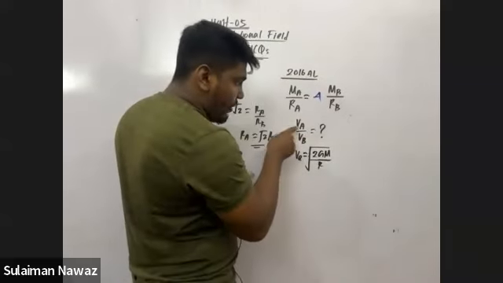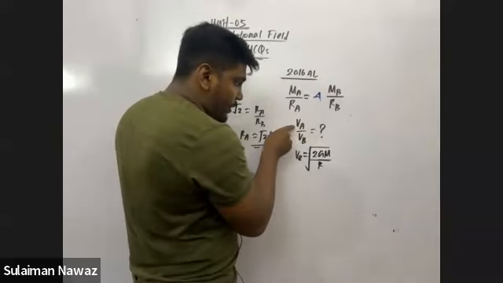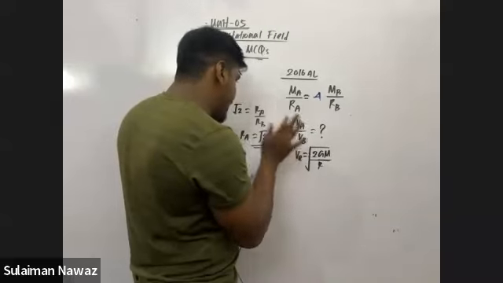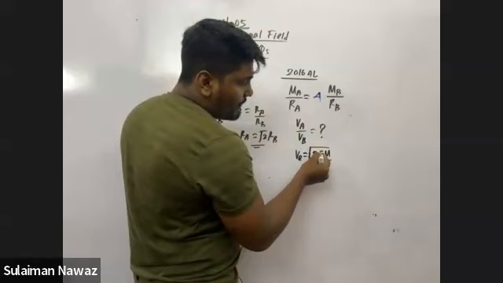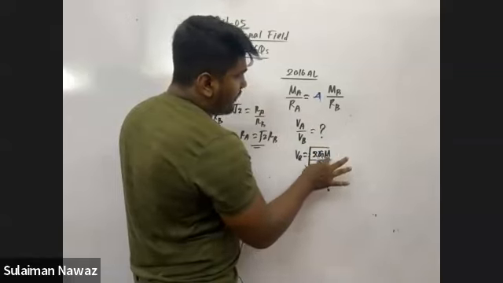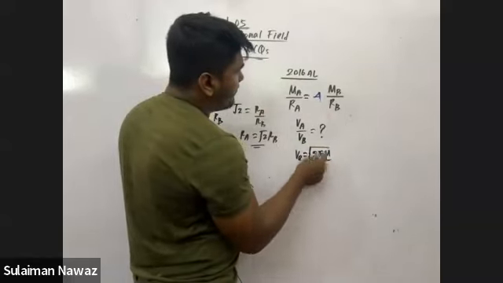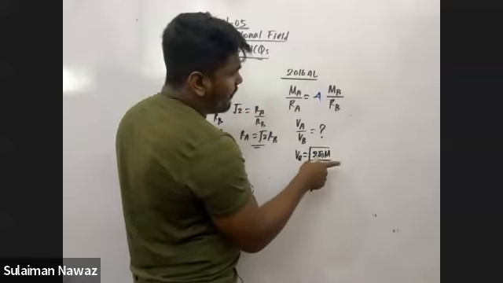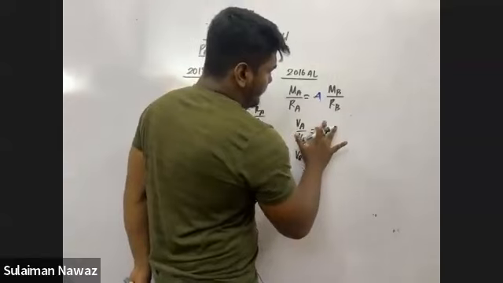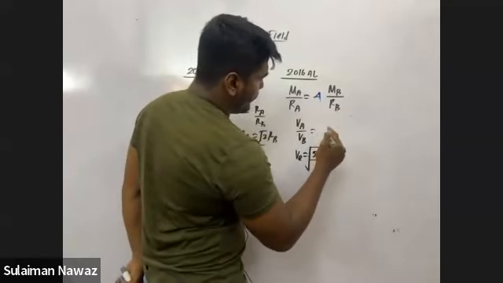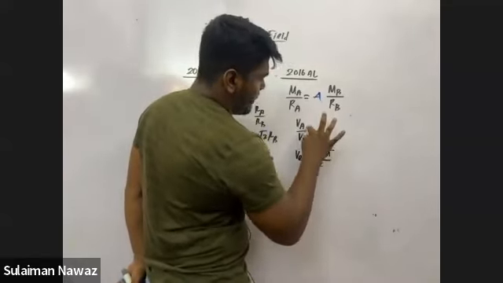Now I need to find the escape velocity ratio, the escape velocity of planet A to the escape velocity of planet B. The equation is this one. 2G is constant, so mass over R. Very easy. Problem solved. This ratio equals VA over VB.